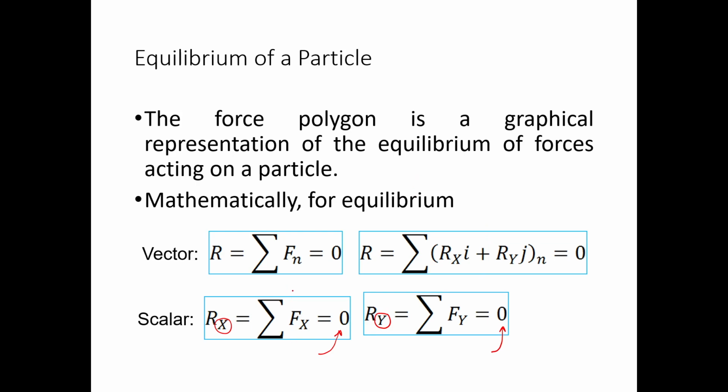Okay, so I think you are now familiar with the summation of forces x and the summation of forces y. For a vector, the importance is just the direction of your forces.